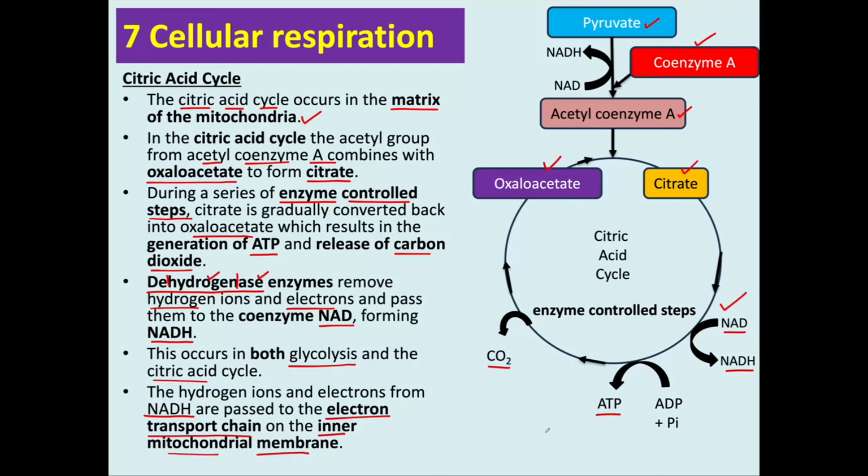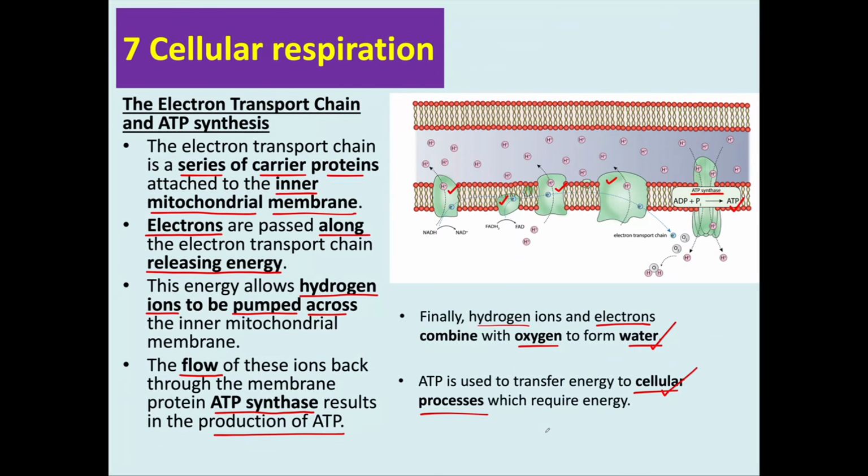In addition to that, dehydrogenase enzymes will be removing hydrogen ions and electrons during both glycolysis and the citric acid cycle, and they'll pass those on to the coenzyme NAD, which forms NADH. The hydrogen ions and electrons from the NADH are then passed on to the electron transport chain, which is located on the inner mitochondrial membrane, and it involves a series of carrier proteins. The electrons will be passed along those proteins, and they will release energy as they go.